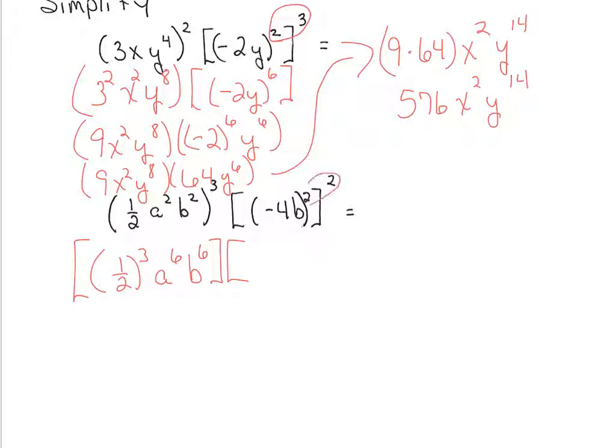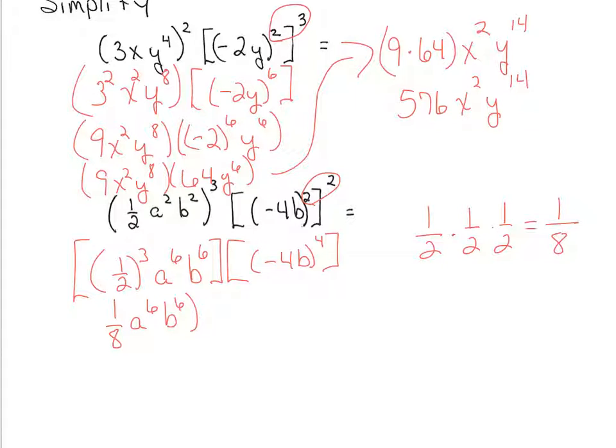Here I could go ahead and multiply and have negative 4b to the 4th. So both of those factors in that product are going to be raised to the 4th power. 1/2 cubed, 1/2 times 1/2 times 1/2. We multiply across the top and multiply across the bottom. So we have 1/8, a to the 6th, b to the 6th for the first term.